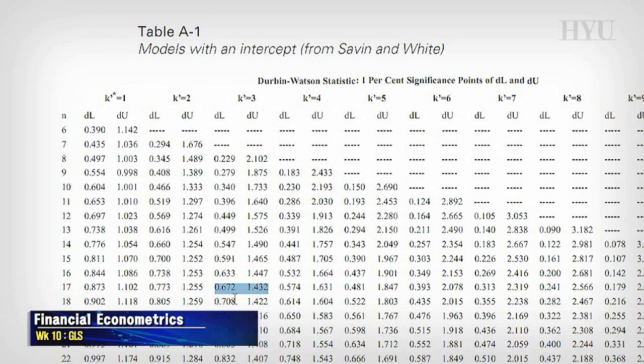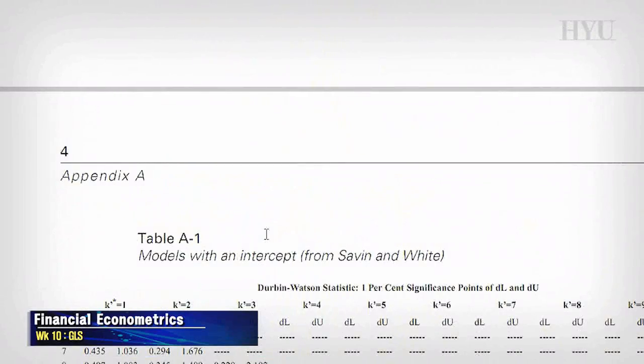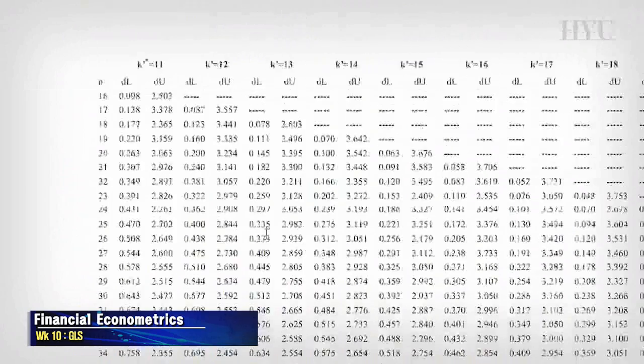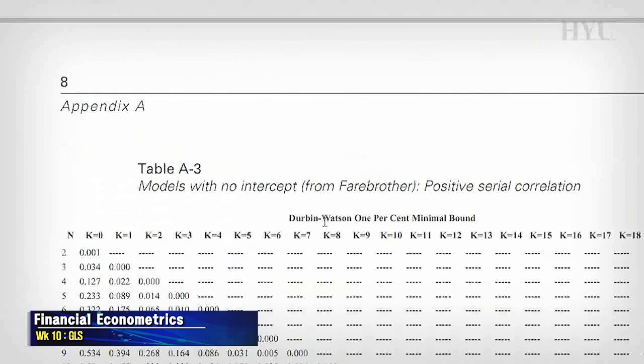Then the upper and lower bounds are these. If our Durbin-Watson statistic is less than this one or greater than this one, then we have to reject our null hypothesis that rho is 0. And if we want to use the 95% interval, then we have to go to 95%.